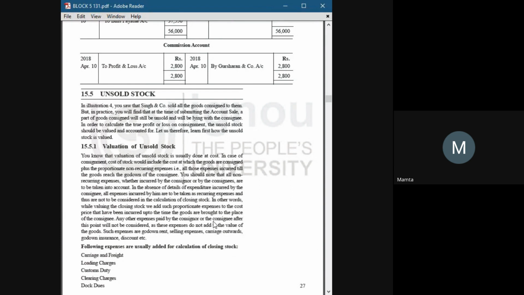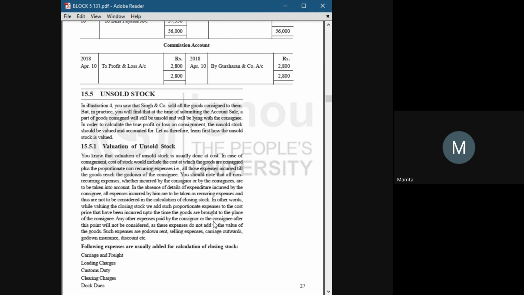So for the 500 goods which were left in the firm, unsold, what entry would be done, or what valuation would we use? Either we resend those goods to the consignor, or as a consignee we try to sell those goods in our next consignment.